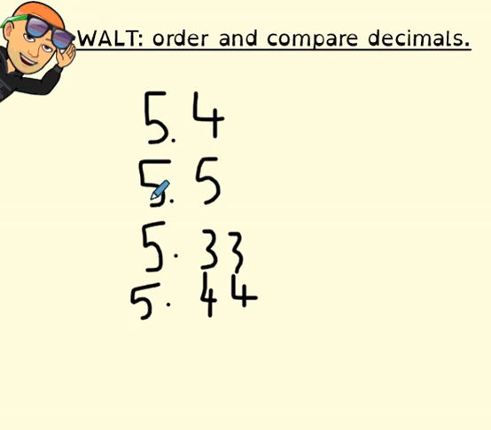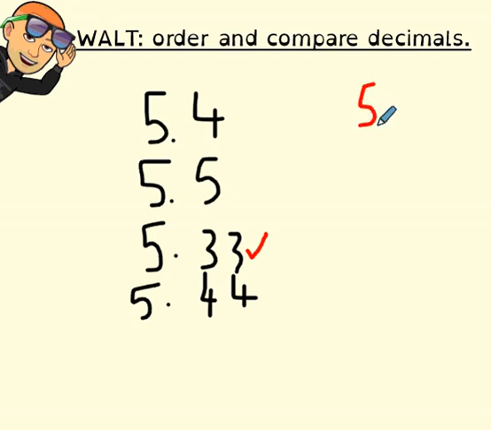You won't miss any out, and you won't make, hopefully, any silly mistakes. If I'm starting with the smallest number, again, look at the highest value column. That doesn't help me because I've got 5 in each of my ones columns. So I look to the one to the right. I'm looking for the smallest, remember? I've got 4 tenths, 5 tenths, 3 tenths, 4 tenths. Brilliant. So I've got this one. I can tick this one off and I can write it in my new list because I know that is the smallest number I have in my selection.